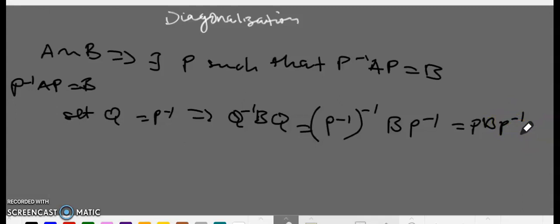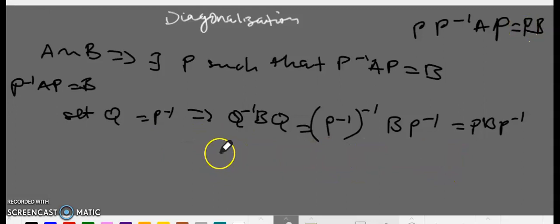You need to note that P inverse of AP is equal to B, and this can be written as AP equals PB when we open that up.